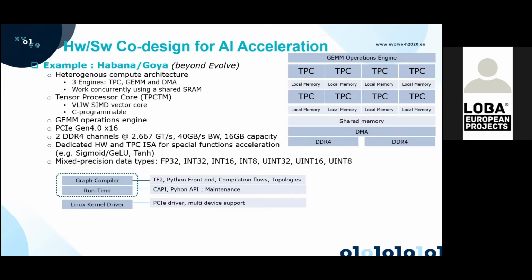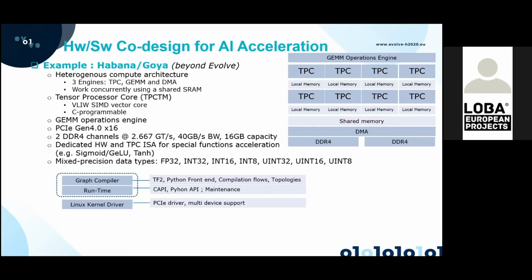DMA is for access to the memory, GEMM for operations on matrices, shared between the different TPCs, and TPCs are tensor processor cores, which are a kind of VLIW SIMD vector cores, C-programmable processors. Each TPC has a local memory, which can communicate with the shared memory, and from the shared memory we can access the outside world through the DMA.